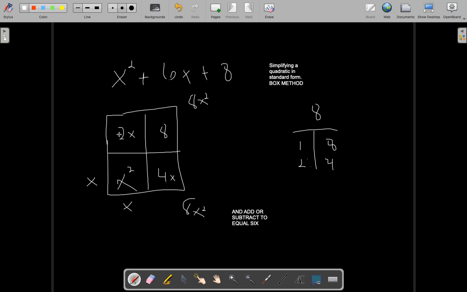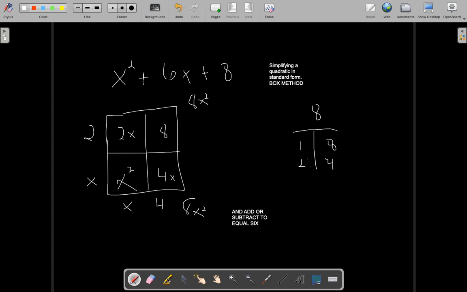The only thing left is a 2, because 2 times x gives us 2x. And on the bottom we have x on this side, which takes care of this x, and we have 4 right here.